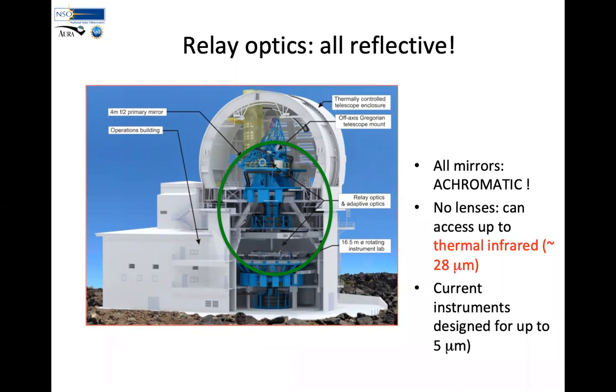That would be the obvious place to put the lens, because that would thermally and pressure isolate the two environments: the almost fully open environment of the upper telescope, and where the instruments are, where you want everything to be as stable as possible. So the choice was not to put a lens because of the idea of going further into the infrared.